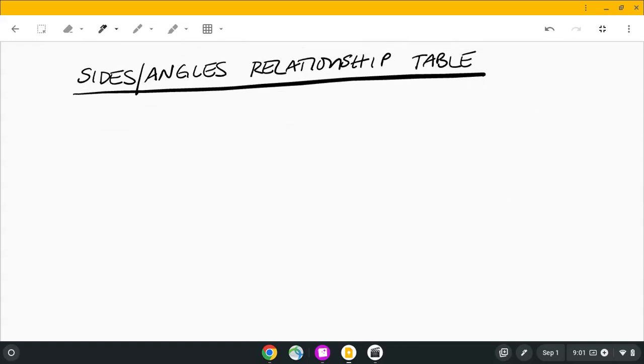So accuracy of sides. And over here we'll have accuracy of angles.